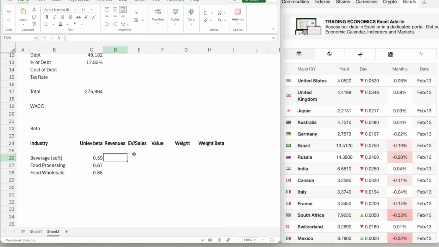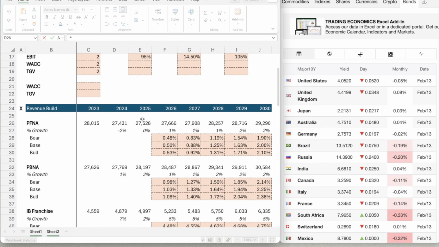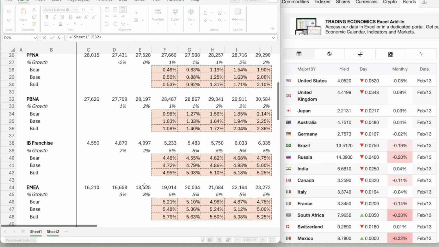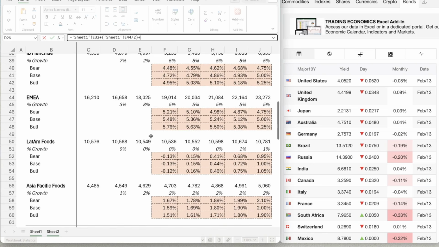So for the beverage soft, we're going to go equals beverage plus, do this one, divided by 2. Make sure to bracket, plus LATAM divided by 2 plus APAC divided by 2.